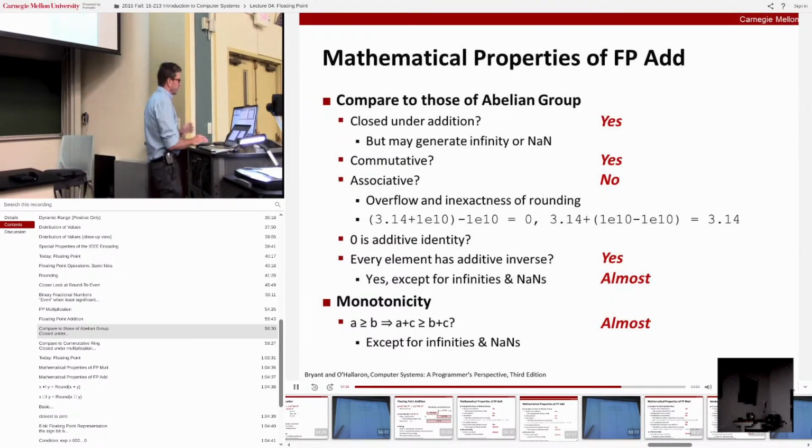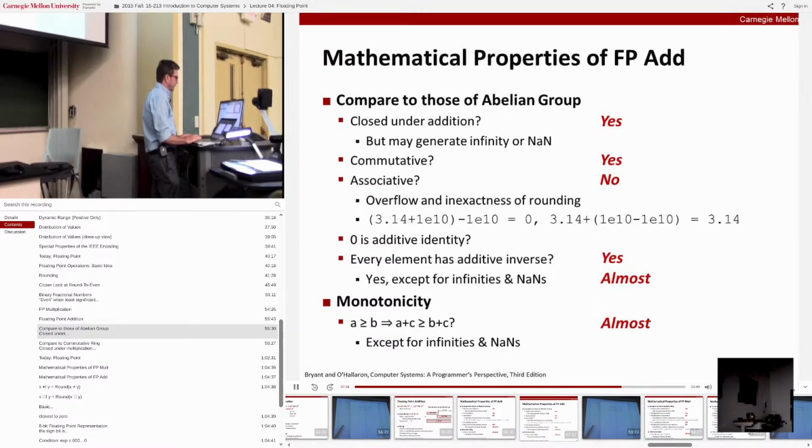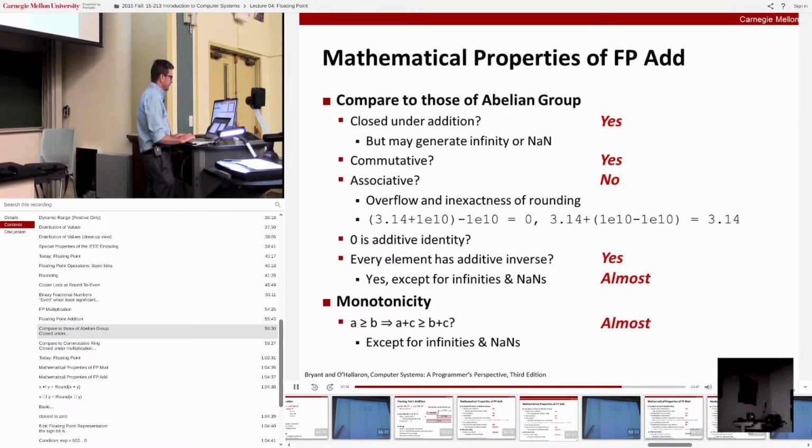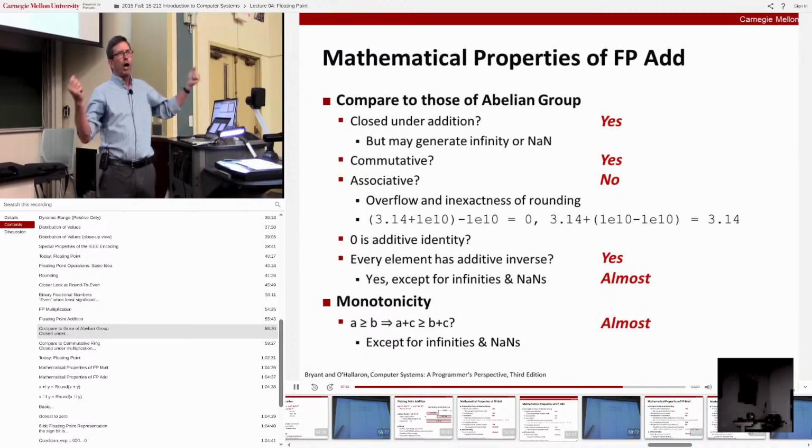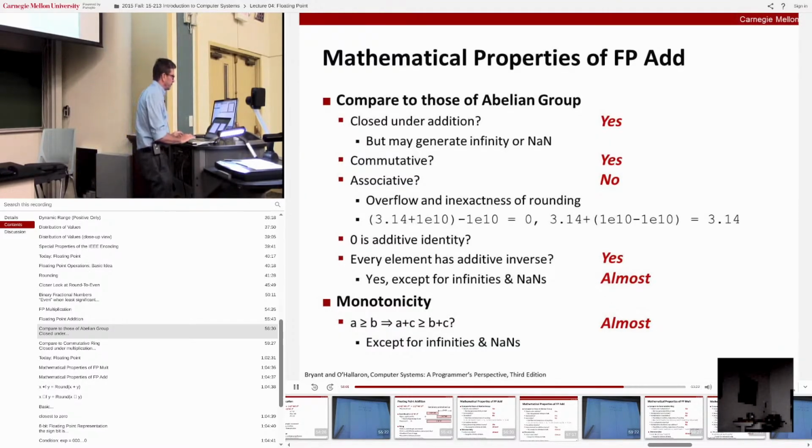And the big thing with addition is that it doesn't associate. It's commutative, but it's not associative. And this usually happens when you're dealing with numbers that have very large dynamic ranges. So if you're trying to add and subtract really big numbers with really little numbers, you run into this problem of non-associativity.